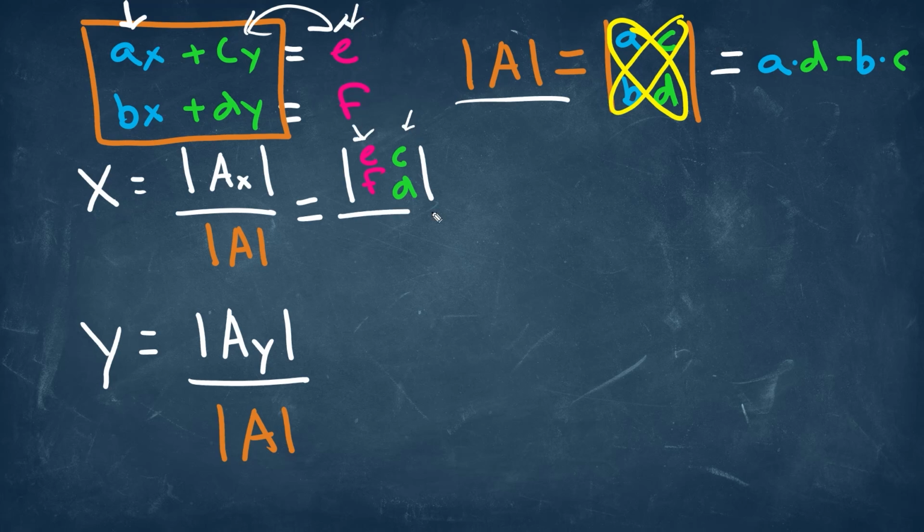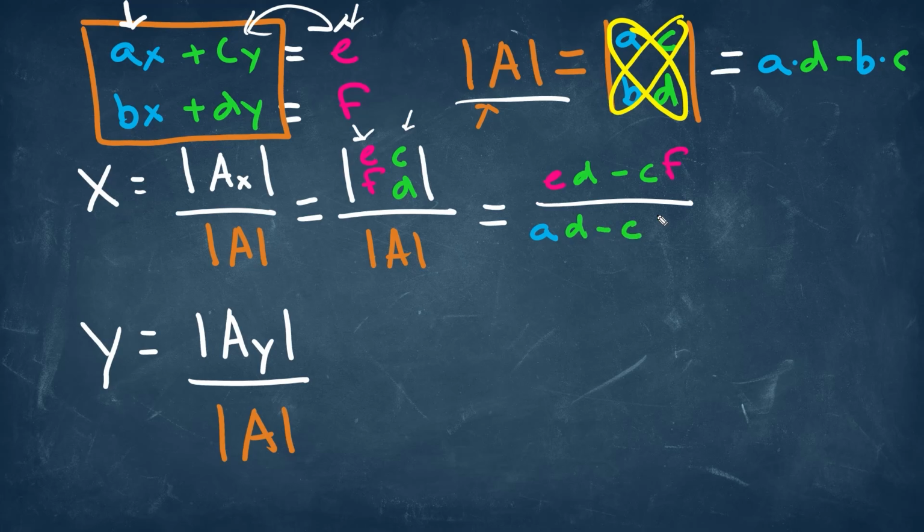Now this is going to be divided by our determinant that we found up above. If we were to write this all out, this will be ED minus BF. And on the bottom, we will have AD minus CB.